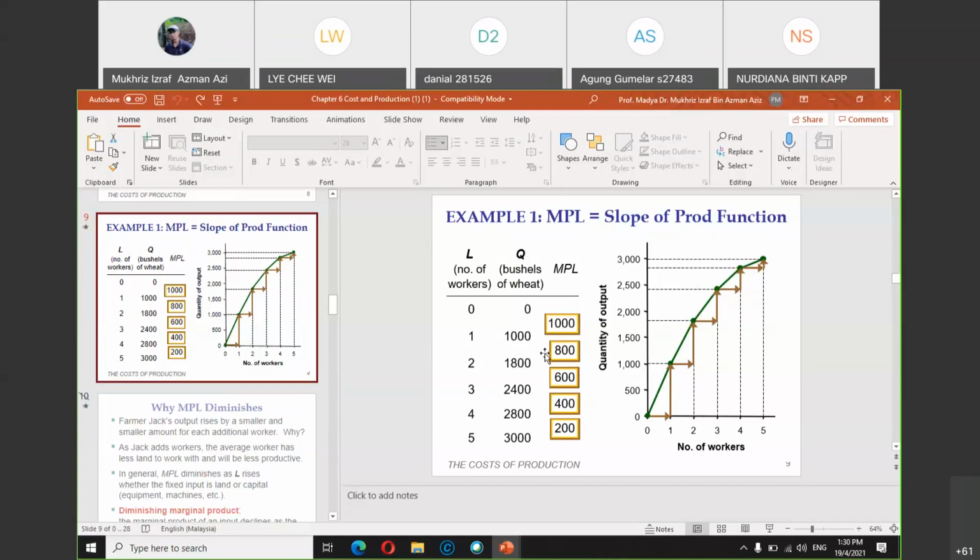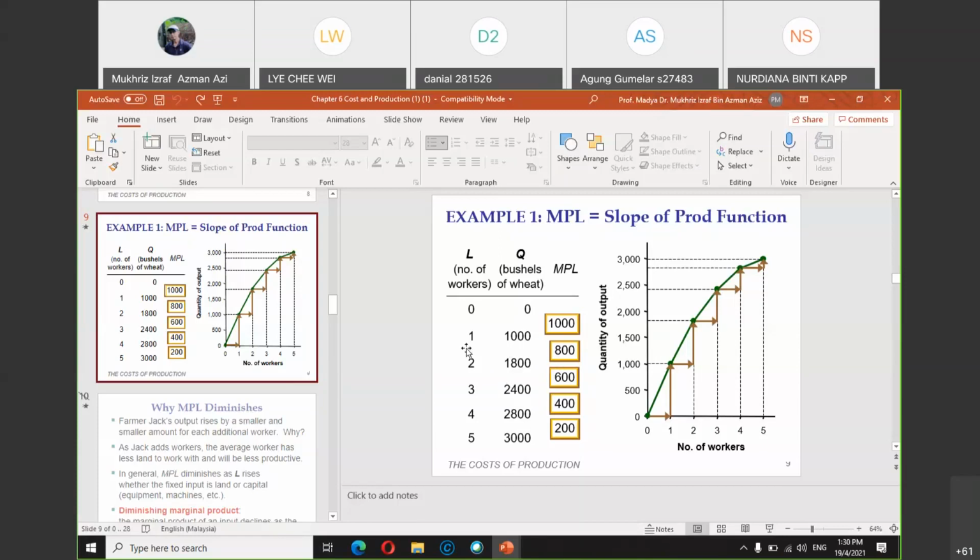The more people that you hire, if the company employs more and more workers working in the same area, maybe because the space is very limited, they need to share space, they need to share equipment, or the working environment becomes less conducive, less comfortable.